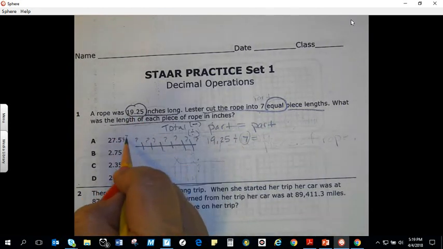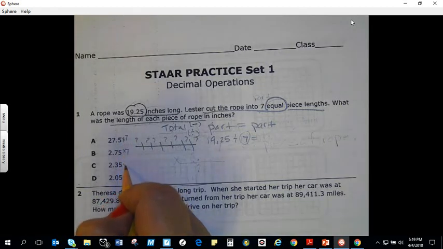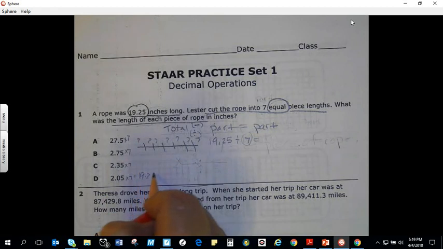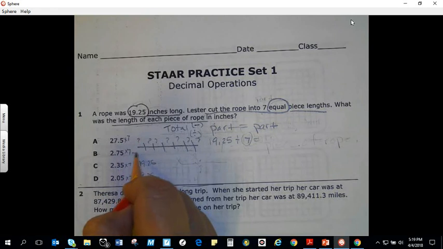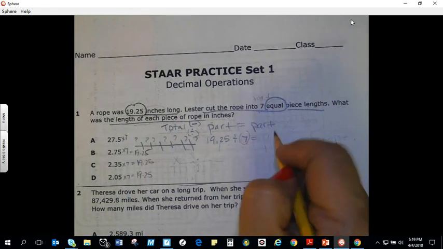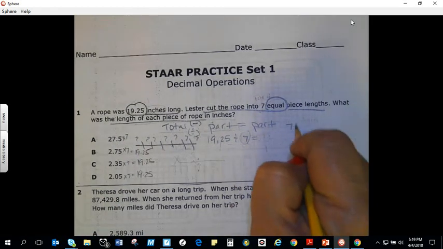So you multiply each choice by 7, and which one will equal 19 and 2/500?